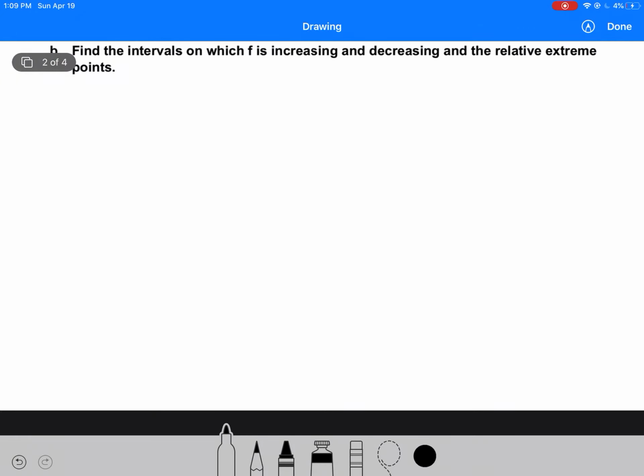And here, we're going to find the intervals on which f is increasing and decreasing and the relative extreme points. So here, we're going to use our first derivative. Using our knowledge of trig derivatives, we get that f prime of x is equal to cos x minus sine x. The next thing that we need to do is find the critical points.